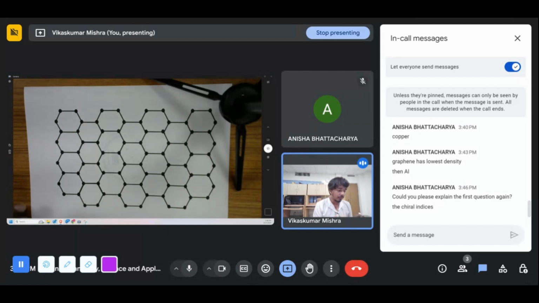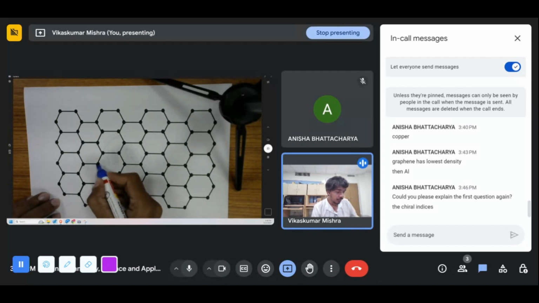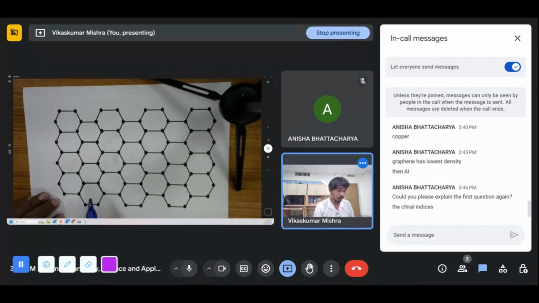The reason is, let's take this particular atom. Let's take one more atom somewhere over here. If I move by this distance, let us say this distance is a, I will find one atom. But for a different point, if I go in the same direction by the same amount, I won't find any atom.